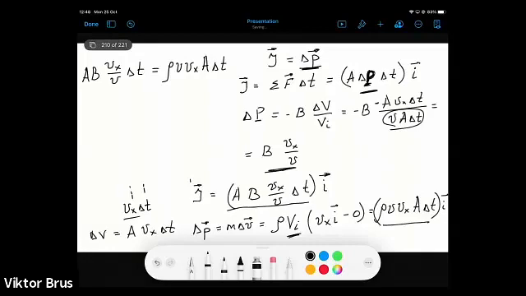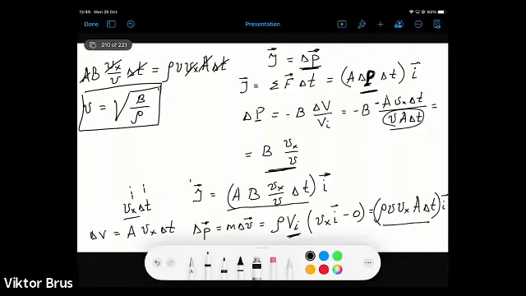And now we cancel out Vx, A, delta T. So eventually we get the expression for the speed of sound equal to square root of B divided by rho. And this is the equation which we wanted to derive, which gives us the speed of sound in the gas.